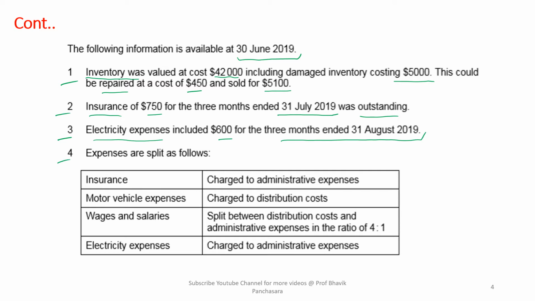And fourth information is about expense split, that includes insurance that is chargeable to admin expense, motor vehicle expense, these are chargeable to distribution cost, wages and salaries we have to split between distribution cost and admin expense in the ratio of 4:1, and last is electricity expense that we have to charge in admin expenses.